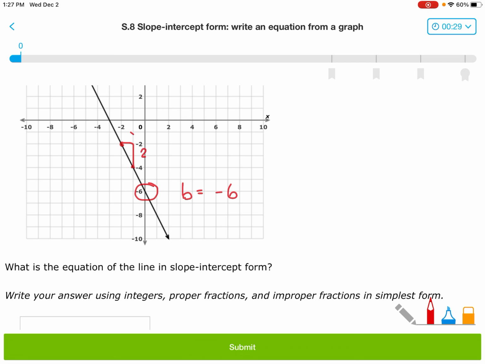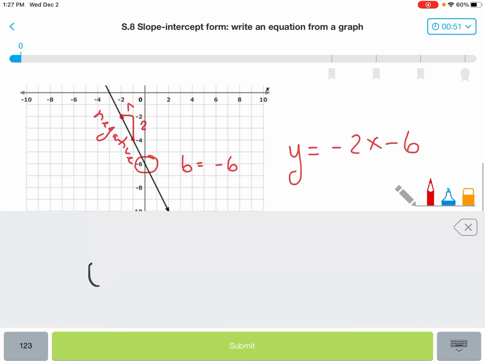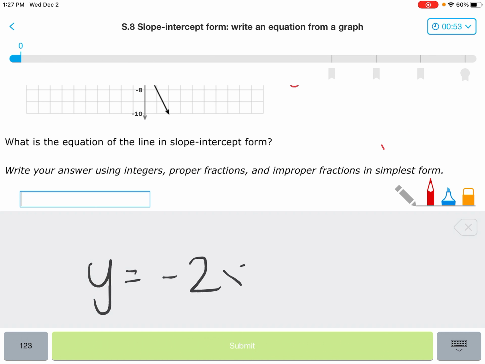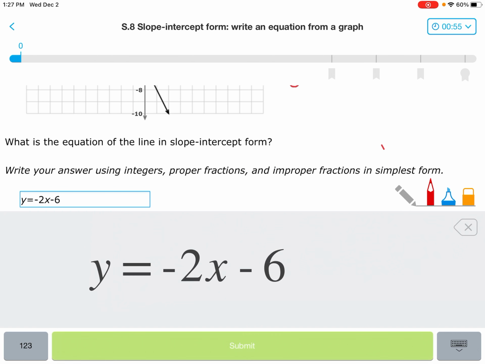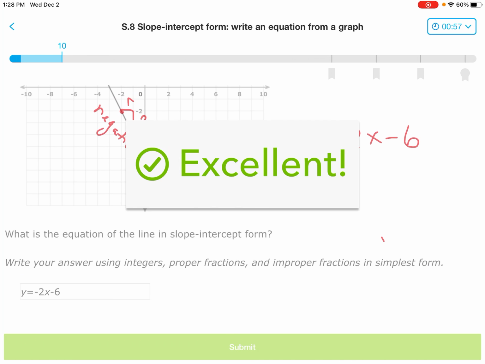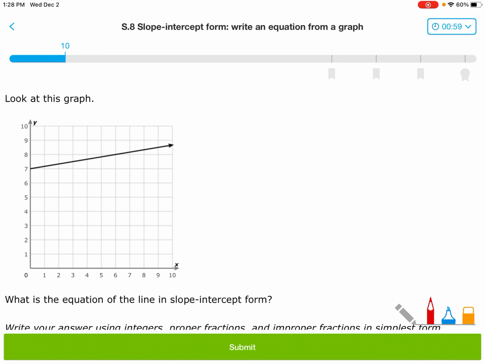This is down 2, over 1. See how my slope is negative? It goes down. So my equation, I'm going to write it here before I type it in, is y equals -2x minus 6. Let's make sure that it reads it correctly and submit.